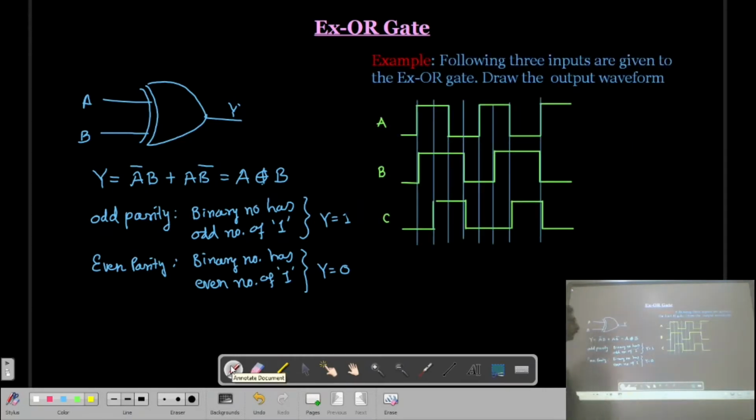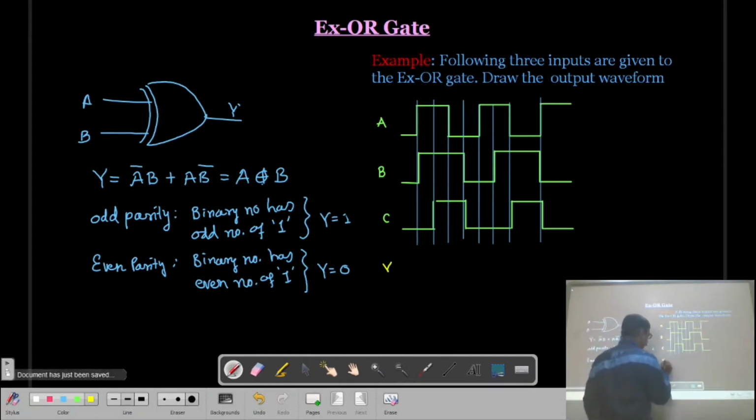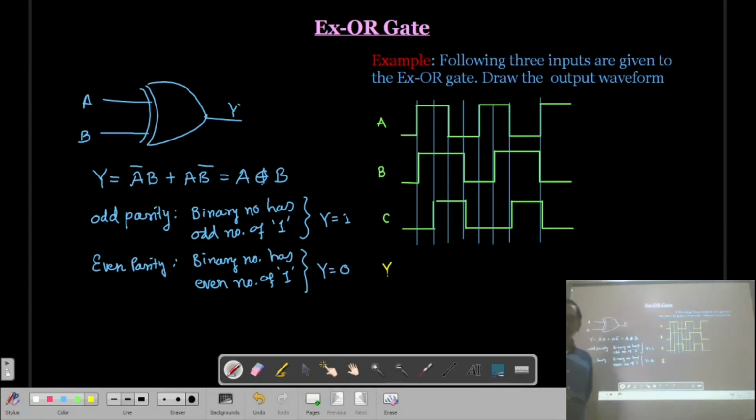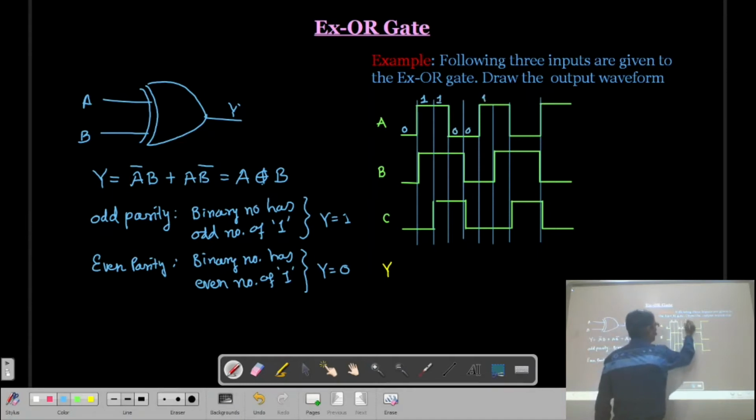Okay. Now look at this waveform. The exclusive OR gate has 3 inputs A, B and C. And now we want to draw the waveform Y, or what will be the output of the exclusive OR gate. So again I have mentioned, whenever we have this kind of waveform, always write the high level and the low level in the waveform, so it will be easy to draw. Here A is 0, then 1, 1, 0, 0, 1, 1 and 0 and 1.